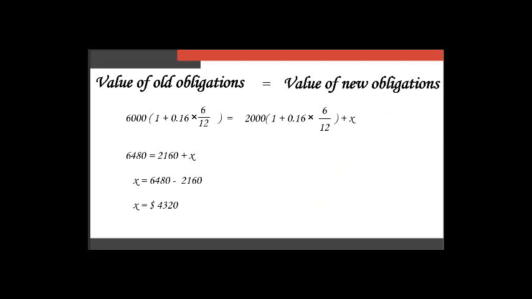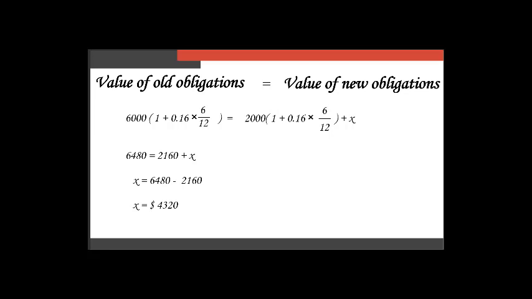Value of old obligations must be equal to value of new obligations. We have one old obligation, $6,000. We can use the formula of the amount, S equals B times 1 plus RT. We substitute for B with $6,000, for R with 16%, and for T with 6 months.